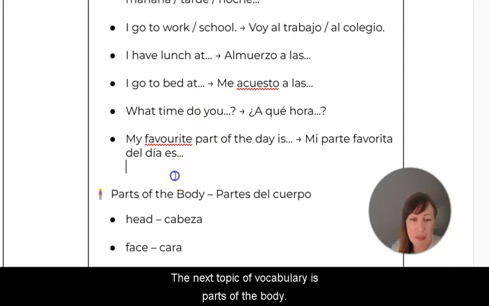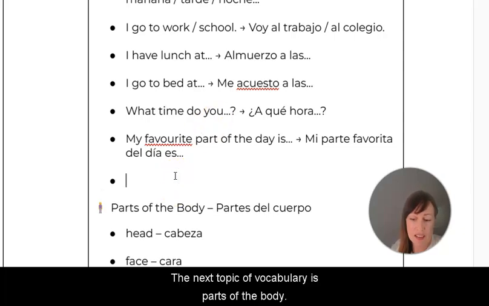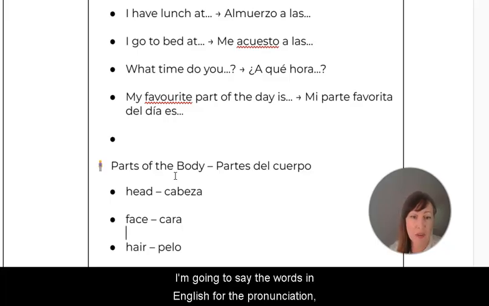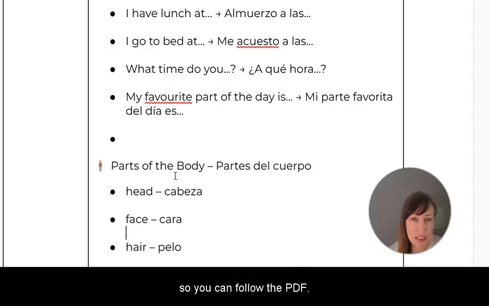The next topic of vocabulary is parts of the body. Again, you have the translation here in Spanish. I'm going to say the words in English for the pronunciation so you can follow the PDF. Okay?